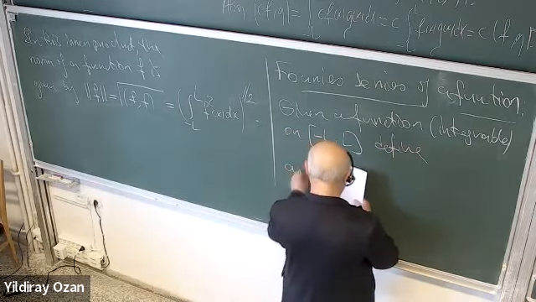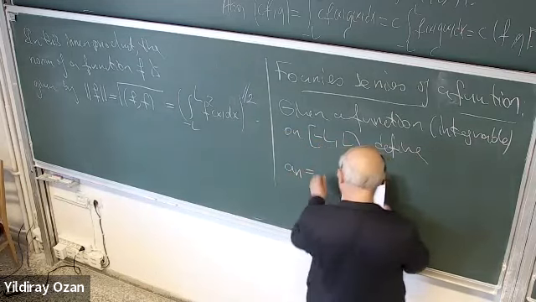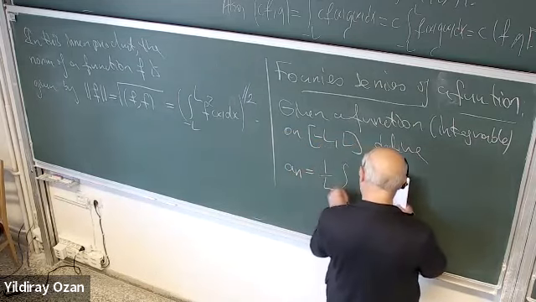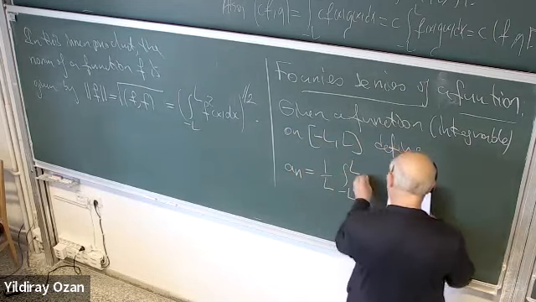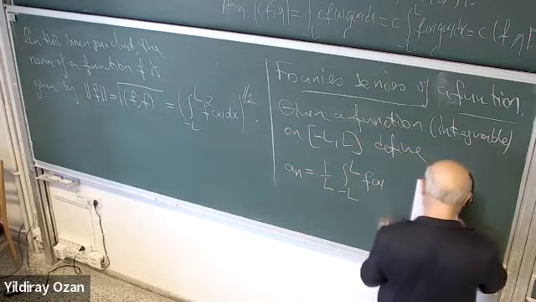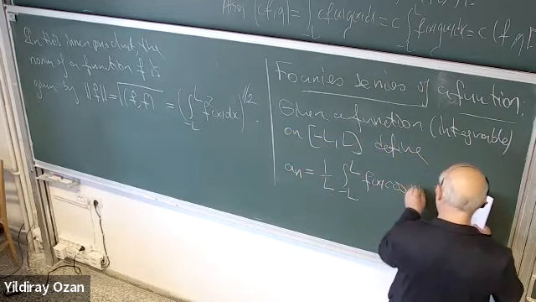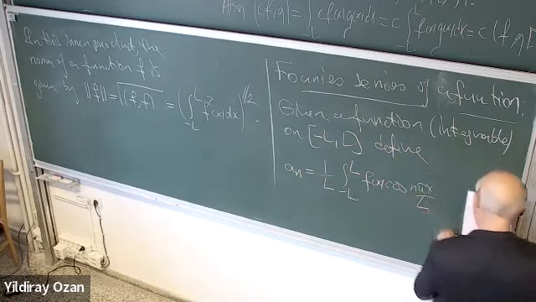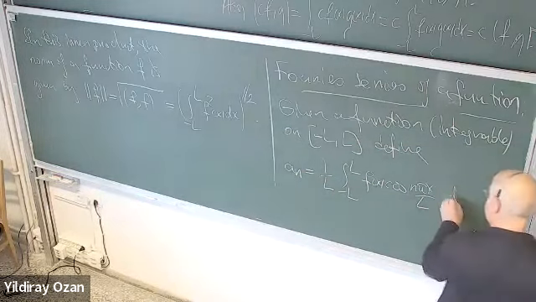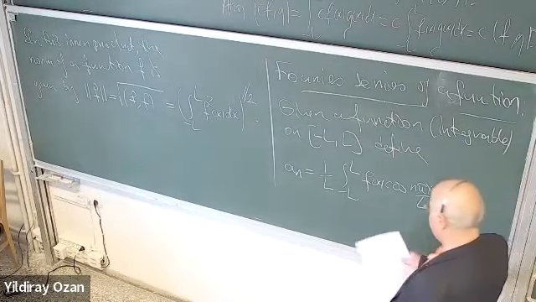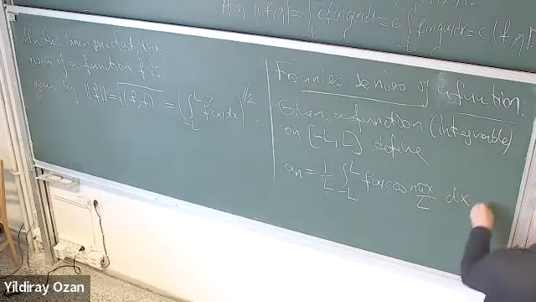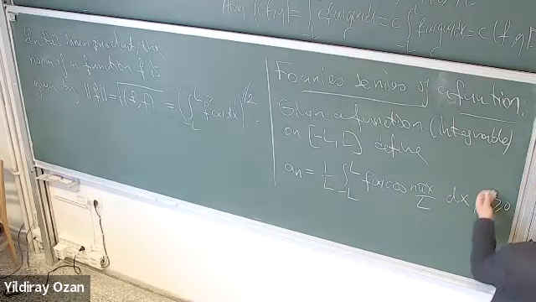A n to be 1 over L, integral from minus L to L, f of x cosine n pi x over L dx. Burada n büyük eşit 0.